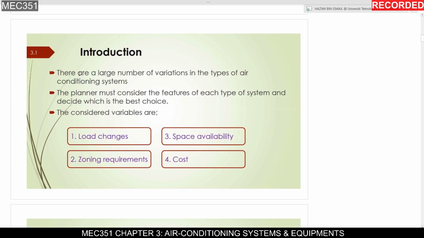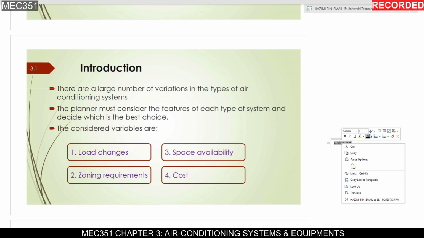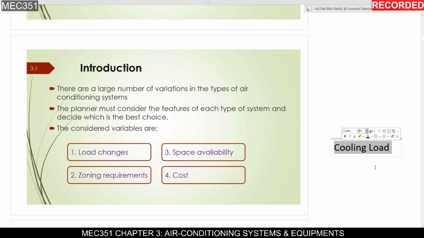Okay, first, from this slide, before you consider a type of air conditioning system that has to be chosen for a building, there are some variables or factors that you have to consider, such as load changes. This is basically the cooling load.